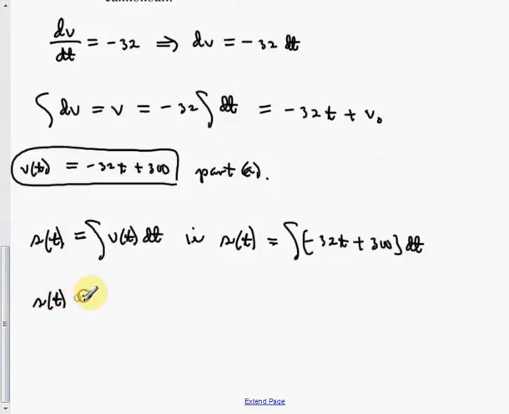So s of t is equal to negative 16t squared plus 300t plus here, this constant is the constant with respect to the so-called height, so this is going to be s naught. Well, it said that it shot the cannonball from ground zero, right? Didn't it say that? From ground level. So that means that the initial height is 0.